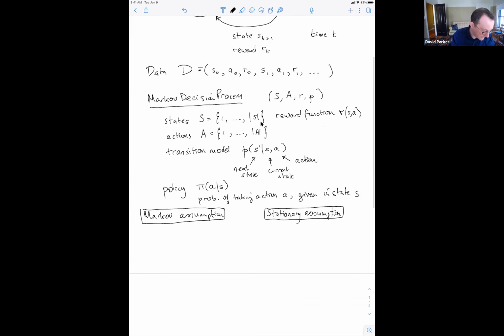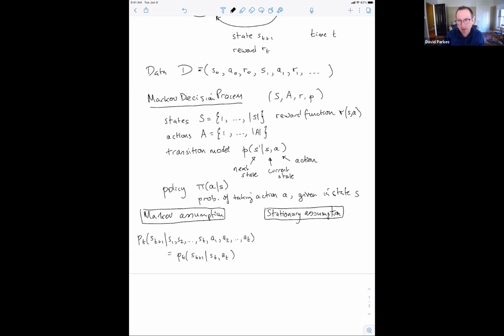So the Markov assumption that we've made here is that this thing can be simplified as this. This is what I emphasized for HMMs, the same type of idea: if you know state S_t, then you don't need to know all the previous states. And if you know state S_t, you don't need to know all the previous actions. The current state tells you everything you need to know to understand the effect of an action you take now on the transition to a new state. This is the Markov assumption.